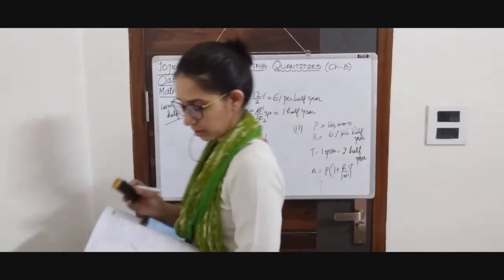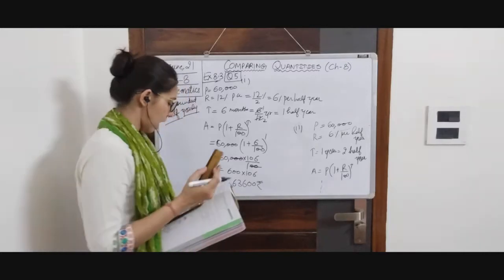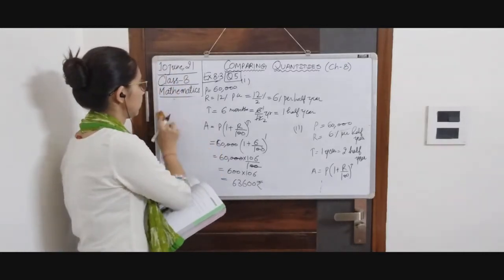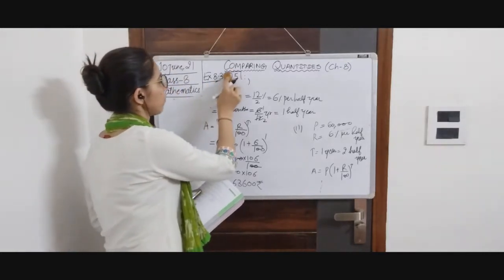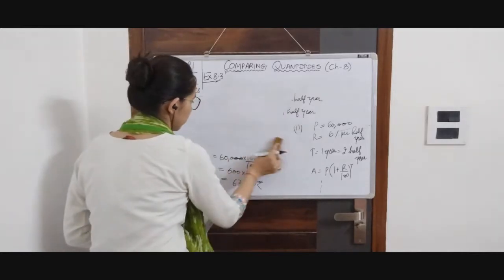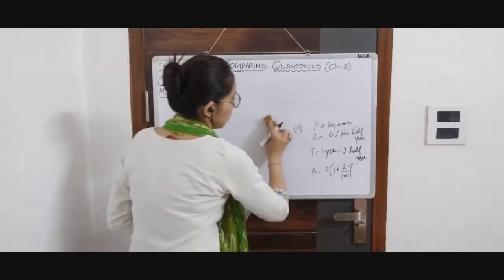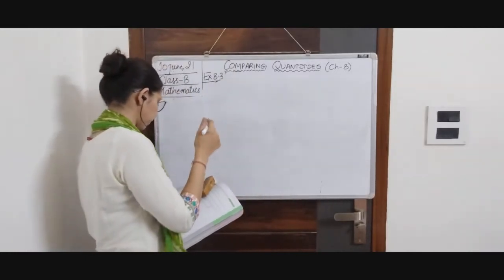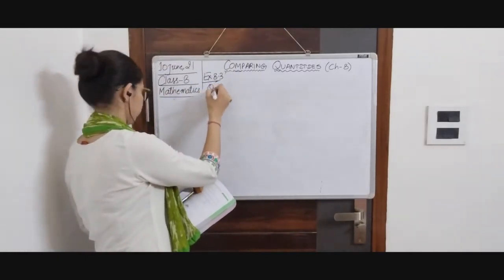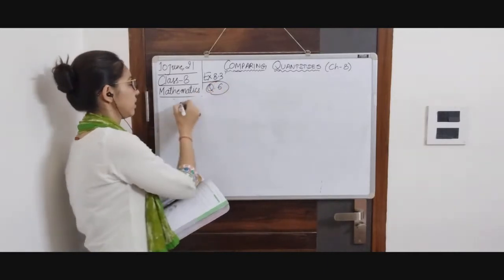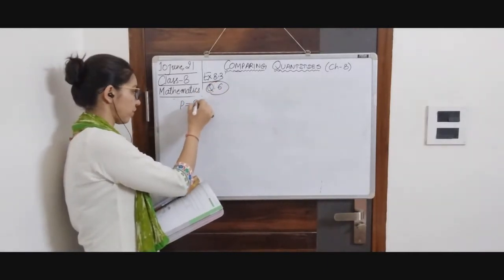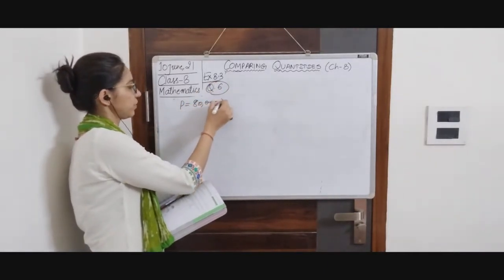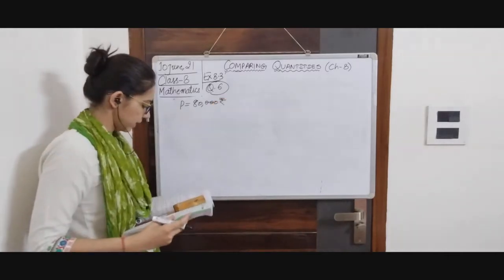Now question number 6. RF took a loan of rupees 80,000 from a bank. Question number 6, loan of how much amount? 80,000. It means your principal amount is 80,000 rupees.